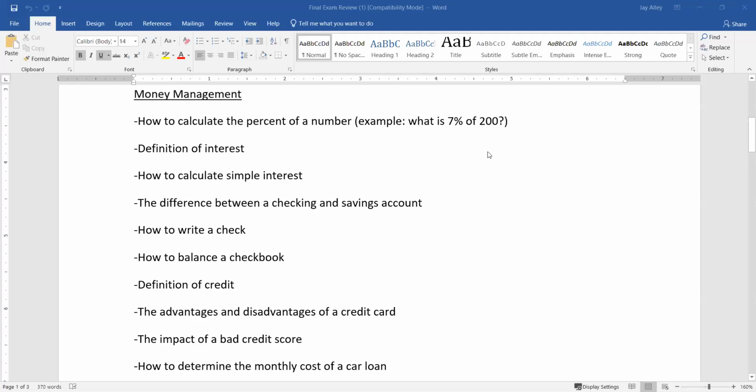Simple interest comes into play on car loans and other situations. Down here's an example. How are you going to determine the monthly cost of a car loan? Well, you got to look at the principal. You got to look at your interest, how much total interest over the term of the loan. Then you got to divide it by how many months you got on the loan.